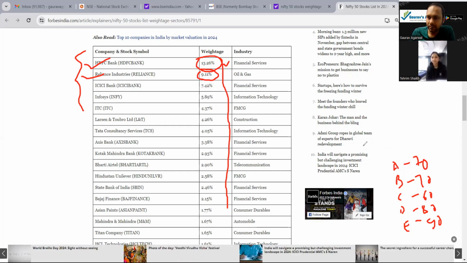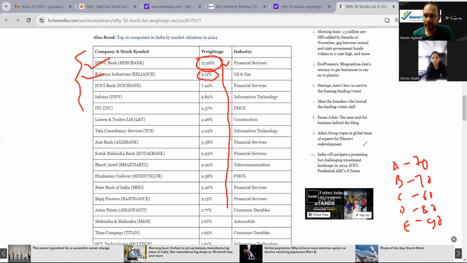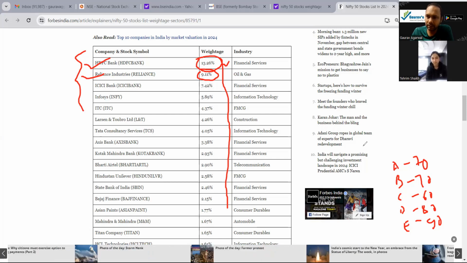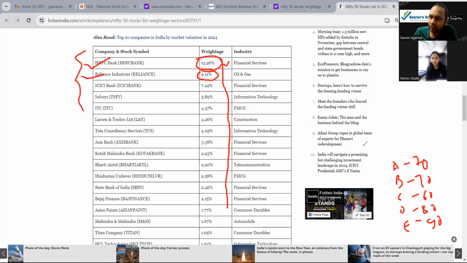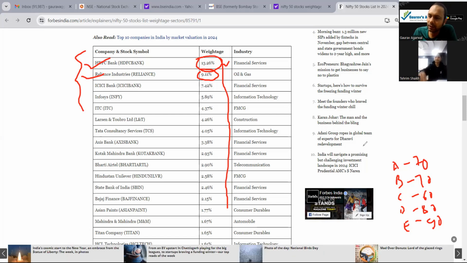No, sir. Is it clear? It is important that you should be clear about this. Fine. So Nifty 50 has 50 stocks and they have these kinds of weightages. This is just for your information. You should know this.